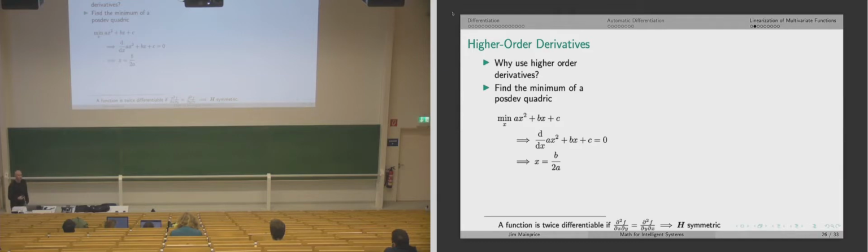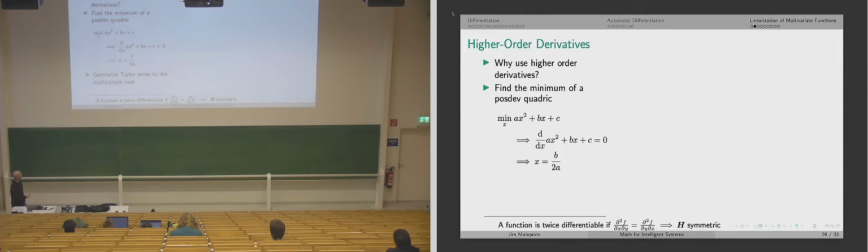So a is the second order derivative of the quadratic. You can see that the reciprocal of the second order derivative of the quadratic is super important to find the exact minimum of this convex function.